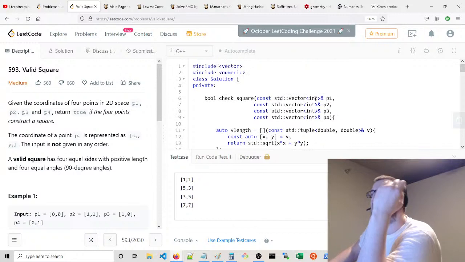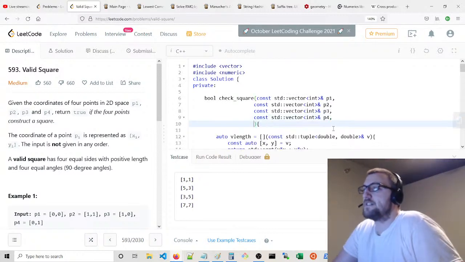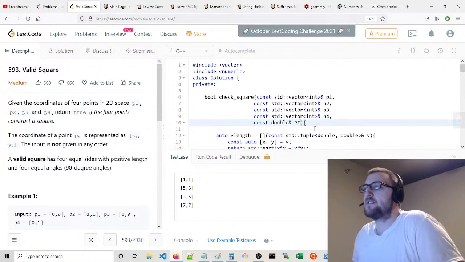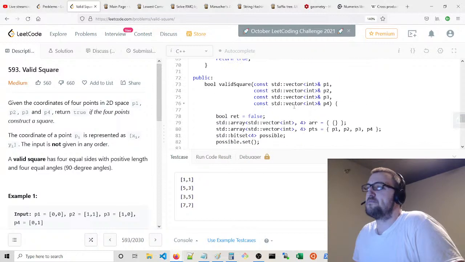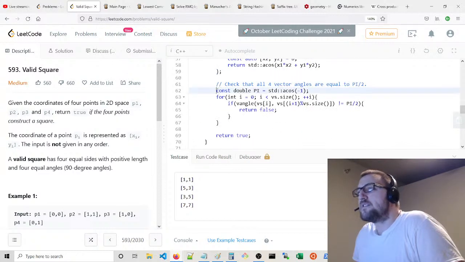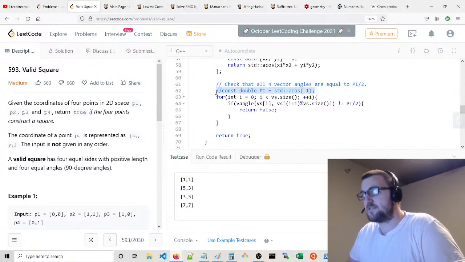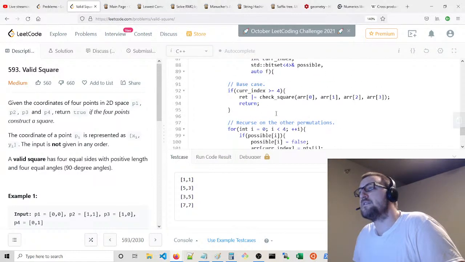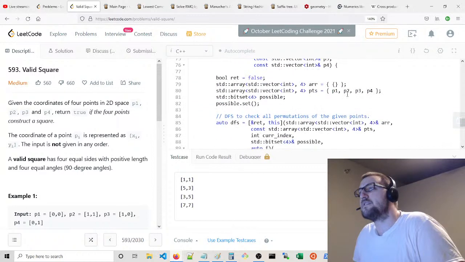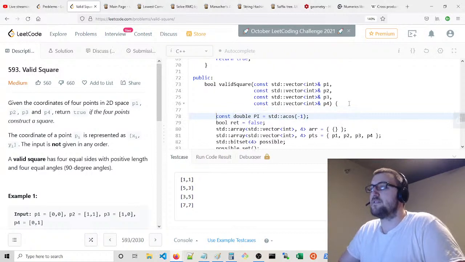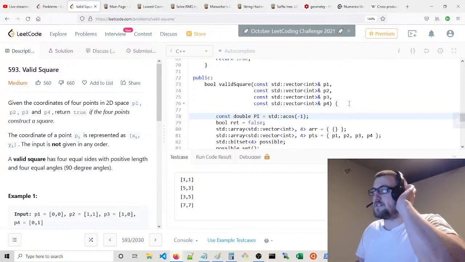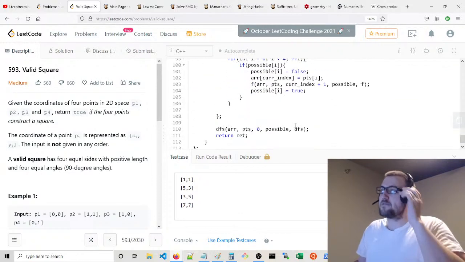Maybe that's the issue. Const double reference to pi. Let's try that. Let's give that a shot. It's probably not the only issue, but it could be.